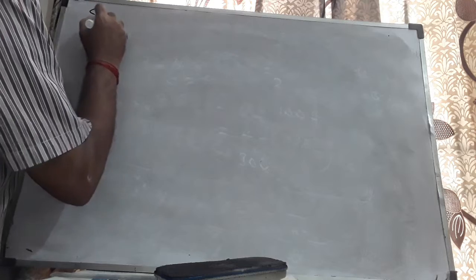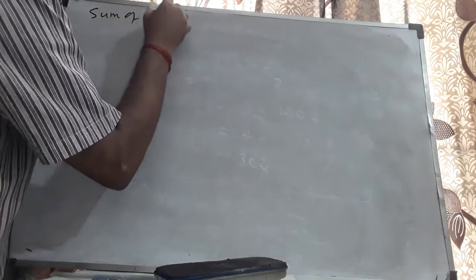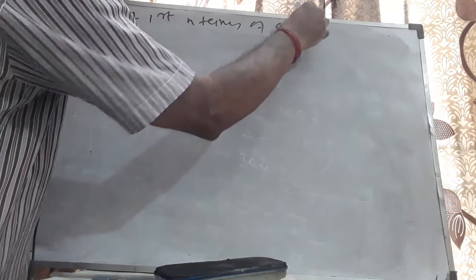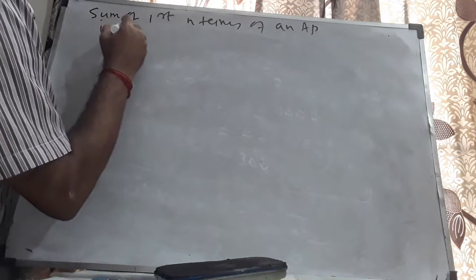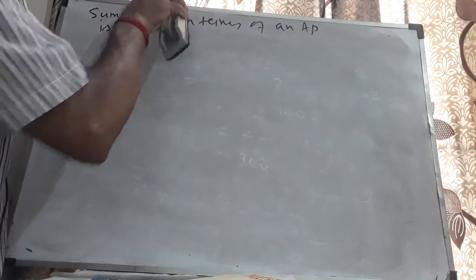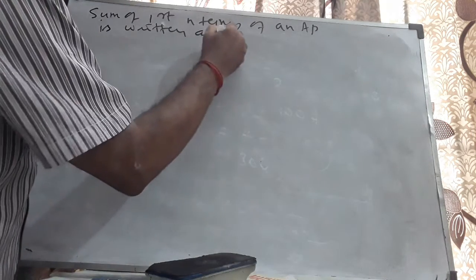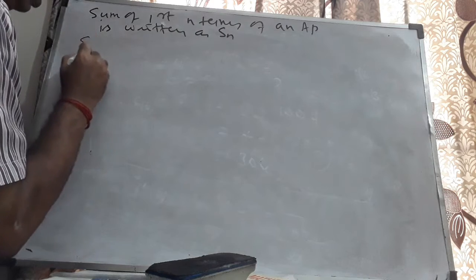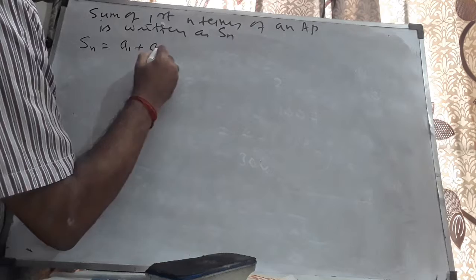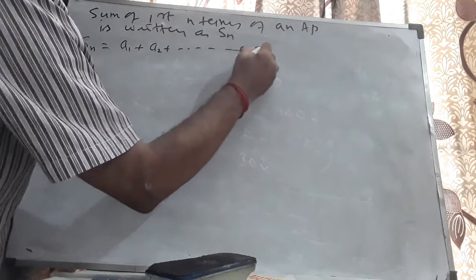Now, the sum of the first n terms of an AP is written or denoted as Sn. Just listen carefully. Sn is A1 plus A2 plus etc. An.